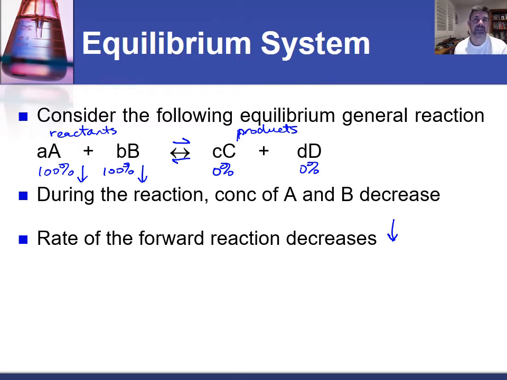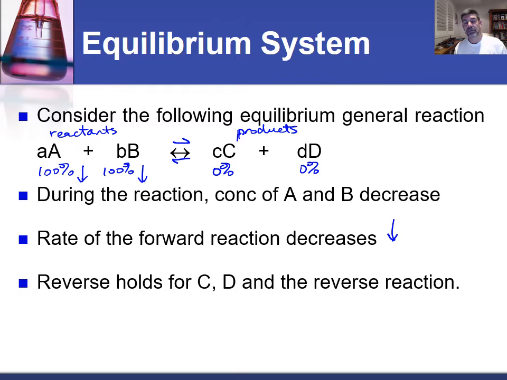And that relates to things like numbers of collisions and also activation energy, which are concepts we looked at in the preliminary course. But as the number of particles decreases, then they don't bump into each other as often as they were, and so therefore the reaction rate starts to slow down. The reverse of that, of course, holds true for C and D. In C and D, as the reaction starts to proceed, their concentrations start to increase.